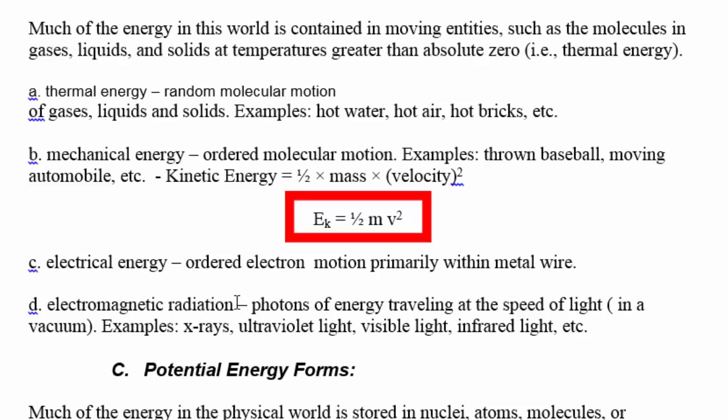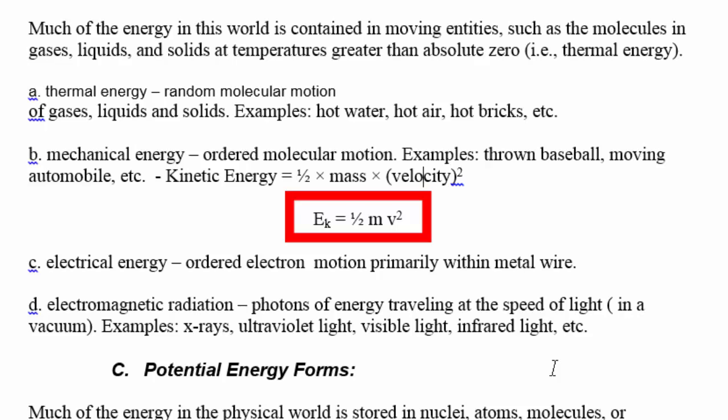The final type of kinetic energy is electromagnetic radiation, and electromagnetic radiation actually is light, all types of light: visible light, infrared, ultraviolet, X-rays, gamma rays, microwaves, radio waves. All those are types of electromagnetic radiation, and we know that light has the ability to do work.